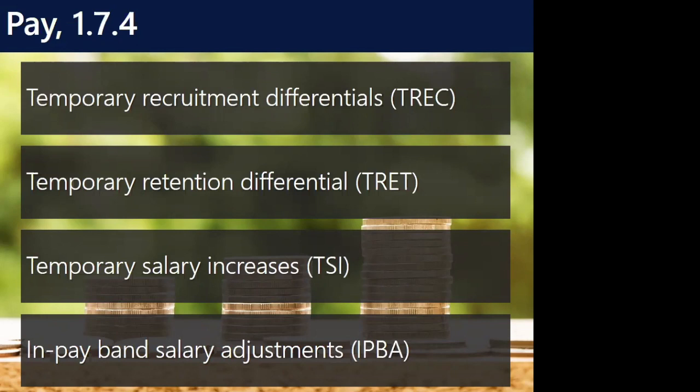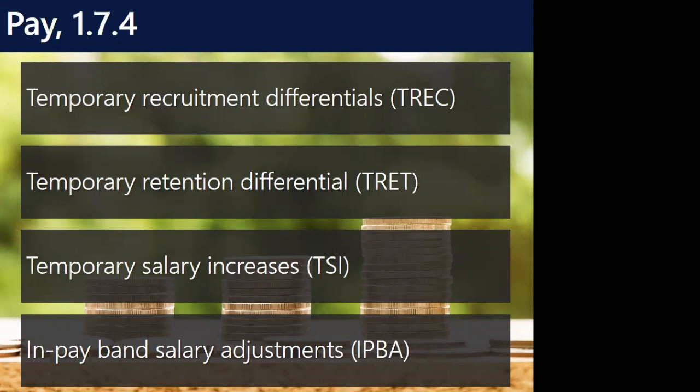Going back to TREX, the temporary recruitment differential, the director may authorize this type of differential up to 15% of an employee's base pay. This particular rule also allows the director to approve more than 15% under special circumstances. So keep that in mind, 15%.